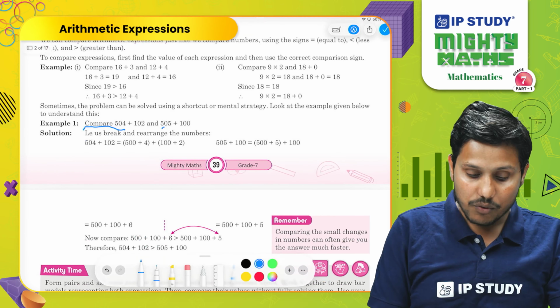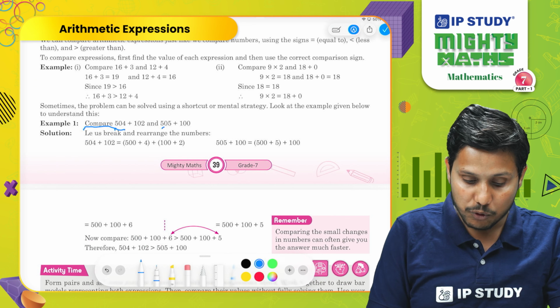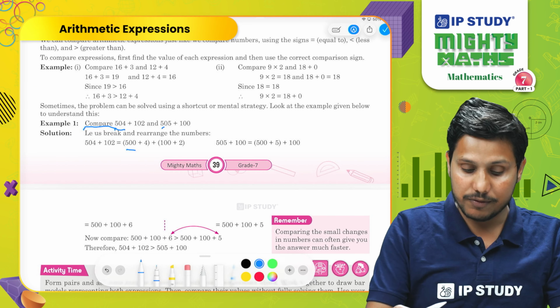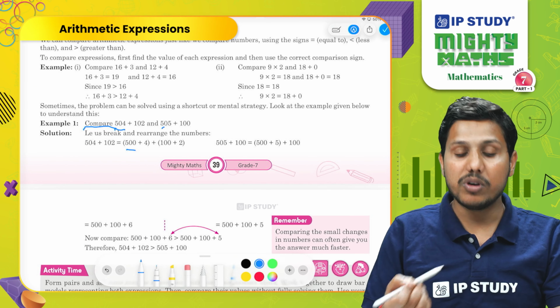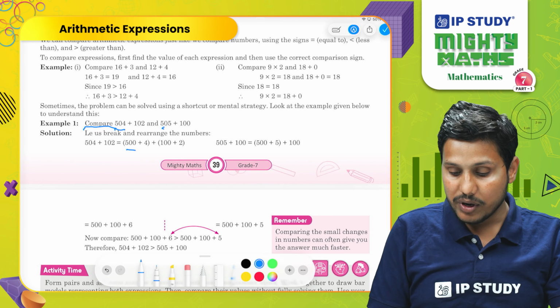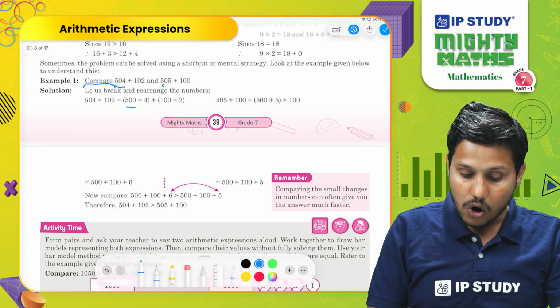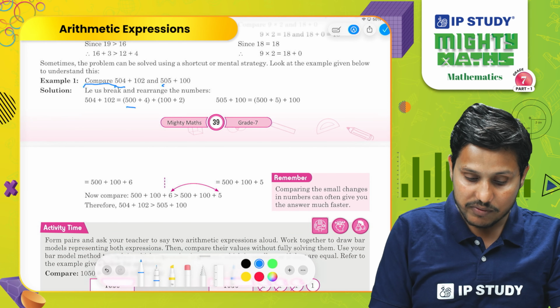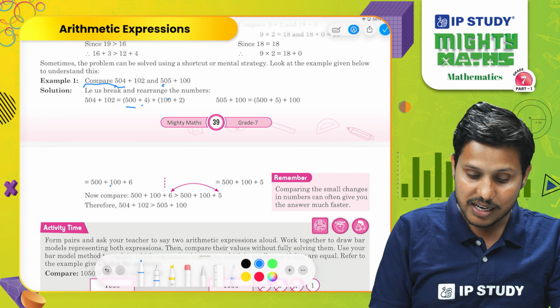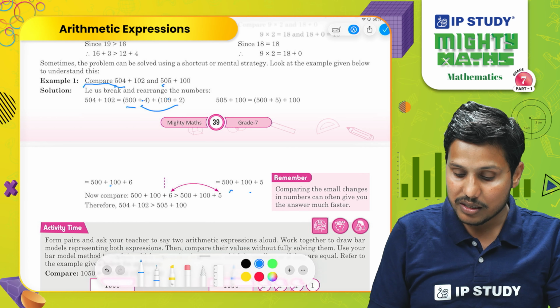In that case, we just break them into similar components. 504 can be broken as 500 plus 4 and 102 can be broken as 100 plus 2. Similarly, 505 can be broken as 500 plus 5 and 100 is 100 only. Going forward, this will be written as 500 plus 100 plus 6, because 4 plus 2 is 6, and here it will be 500 plus 100 plus 5.